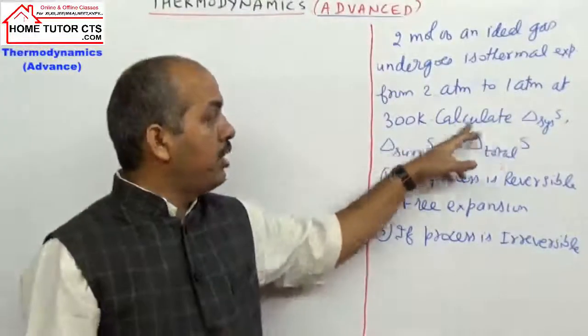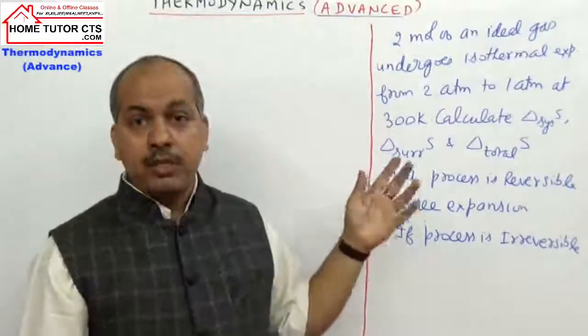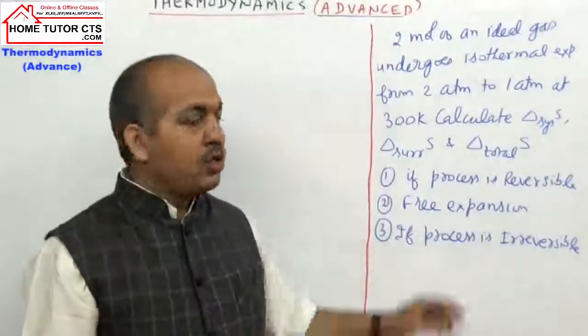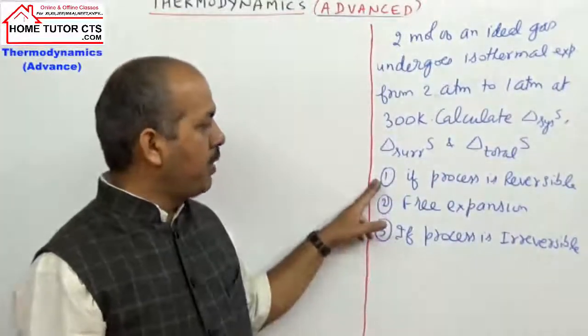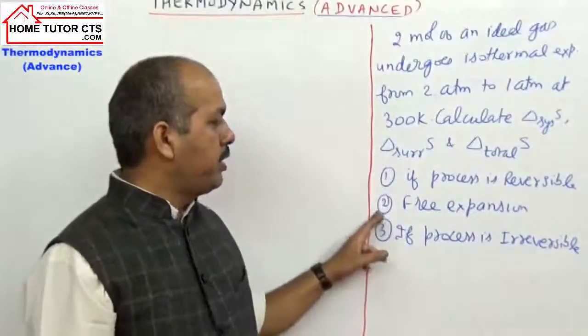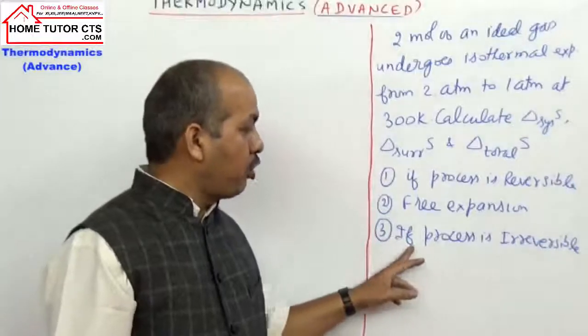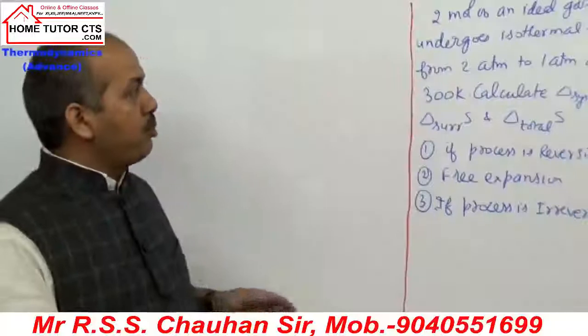Calculate delta S system, that is the entropy change of the system, the entropy change of surroundings, and the total entropy change in 3 cases. Case 1, if the process is reversible. Second, free expansion. Third, if the process is irreversible. So try this question.